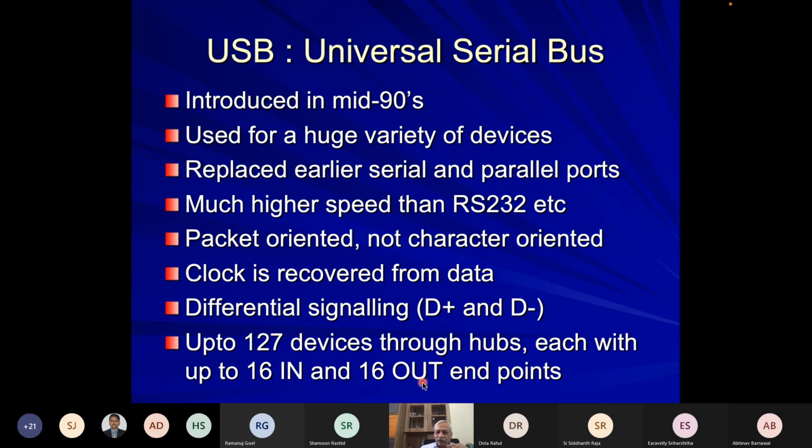So endpoints refer to, within each device there could be many addressable registers you could imagine. So endpoints are where actually the data finally ends up. So within each device there are multiple endpoints, either sinks of data or sources of data.